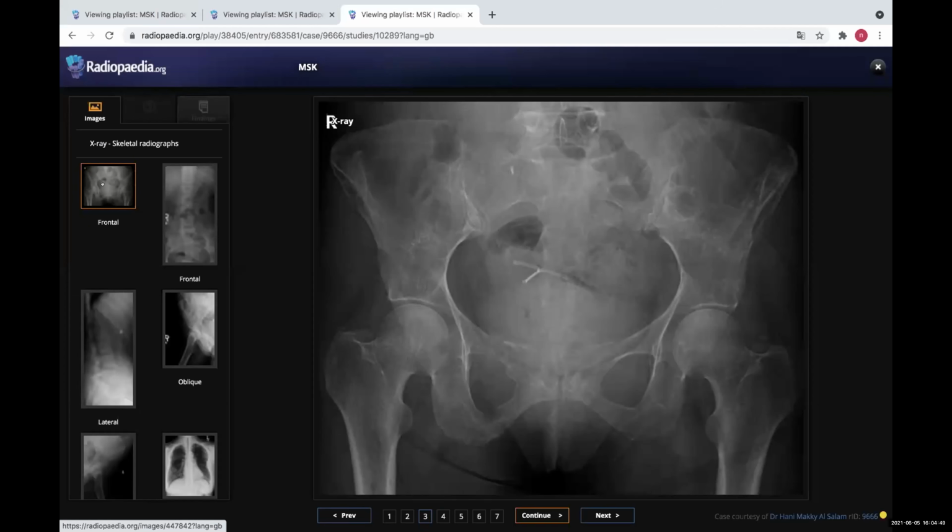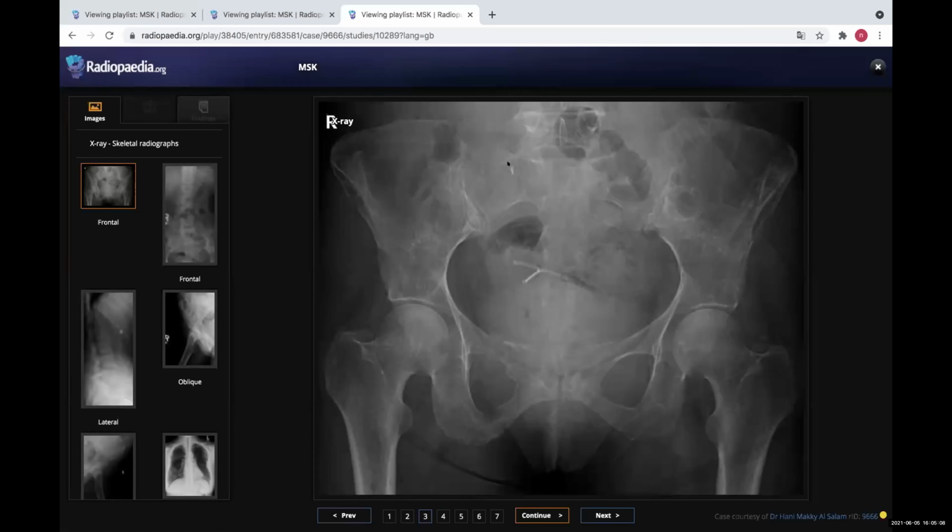Basically these two differentials are coming to my mind right now. So again, I'll be looking at any previous clinical records of the patient. One of them was myeloma. What was the other one? Metastasis. Metastasis or myeloma.